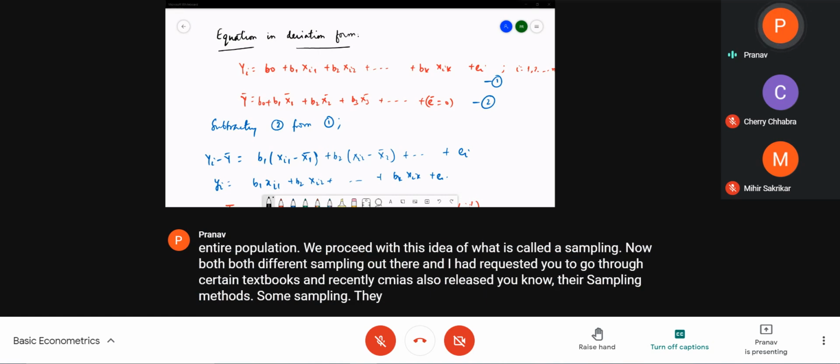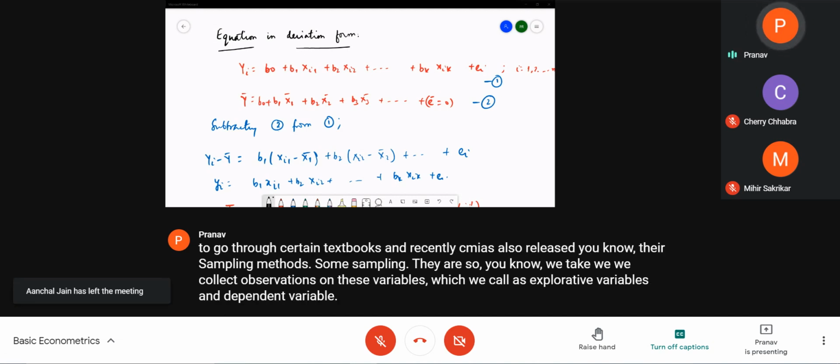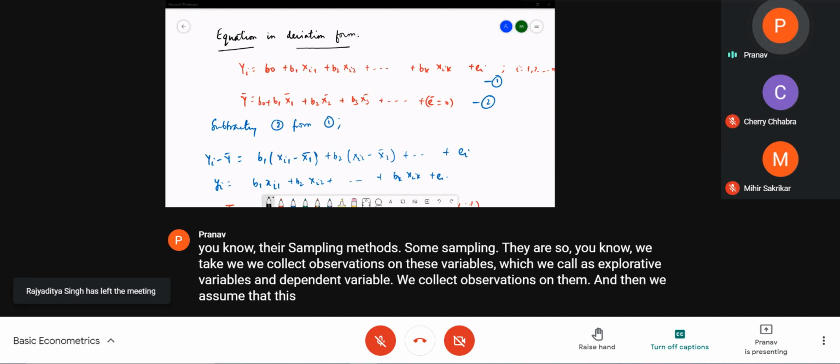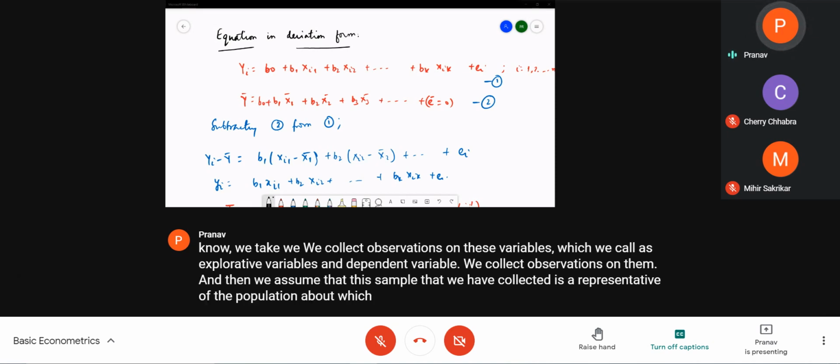So we collect observations on these variables, which we call explanatory variables and the dependent variable. We collect observations on them, and then we assume that this sample that we have collected is representative of the population about which I am trying to estimate, I am trying to guess.